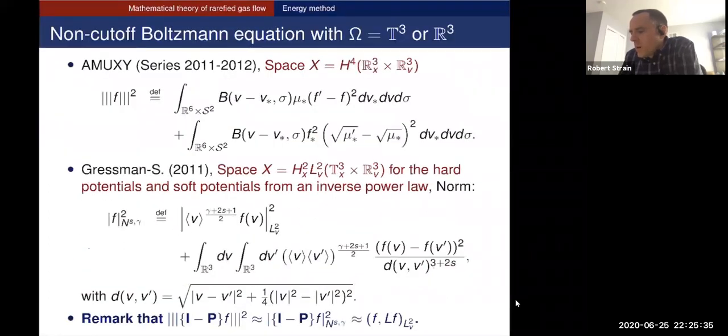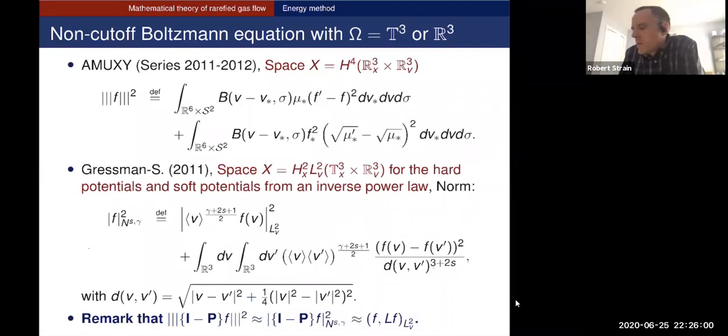Okay, so then around 2011, 2012, we had some of the first results for the non-cutoff global solutions to the non-cutoff Boltzmann equation in either the whole space or the torus. And there's this team of AMUXY, Alexander, Morimoto, Yukai, Zhang, and Yu.